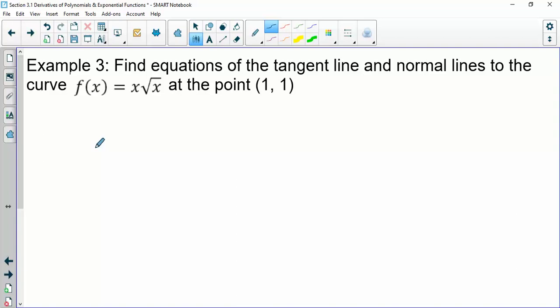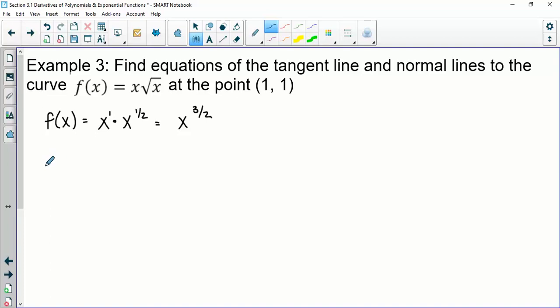We can do it the long way, but if I can figure out how to write this as x to a power, I can do the shortcut. So we have x times the square root of x. That's x to what power? 1/2. If you're multiplying those, what do you do with the exponents? So 1 plus 1/2 is 3/2. So that is x to the 3/2 power.